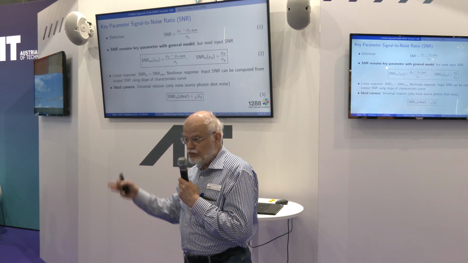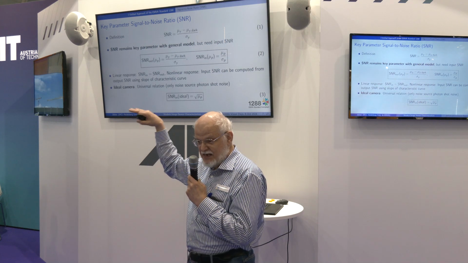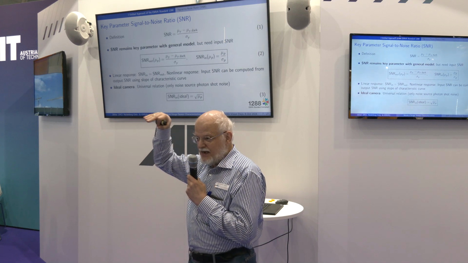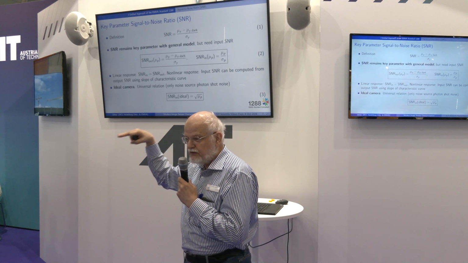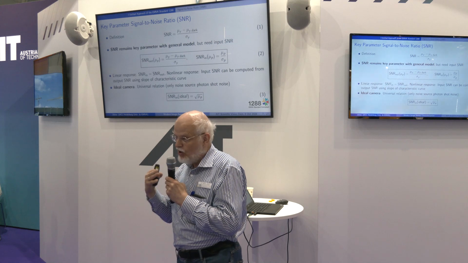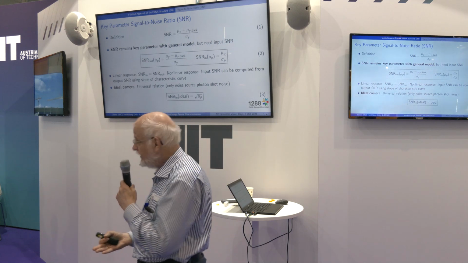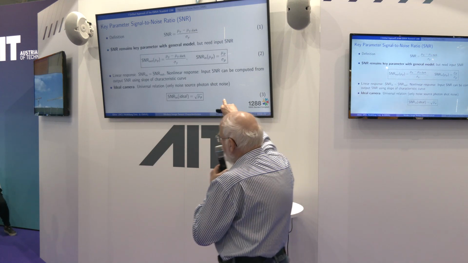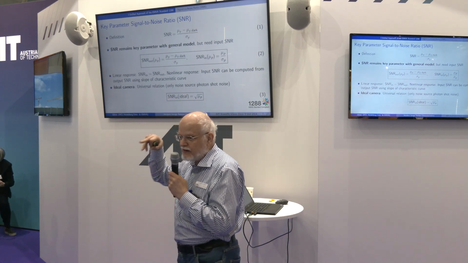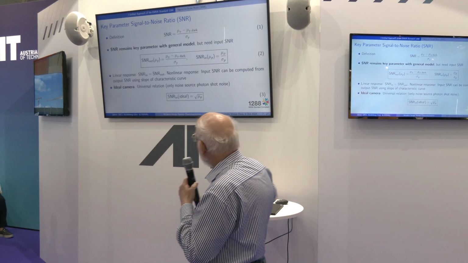But if you do not know the shape of the characteristic curve, if it's not linear, your input SNR might be different from the output SNR you are measuring. That is something you normally don't think about, because we are so much used to linear systems. So what we actually really want to know is not the signal to noise ratio at the output, but the signal to noise ratio at the input.